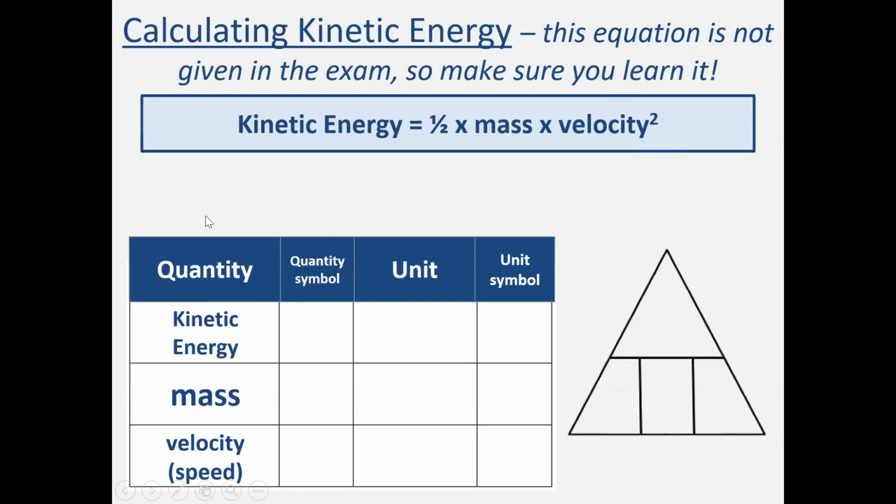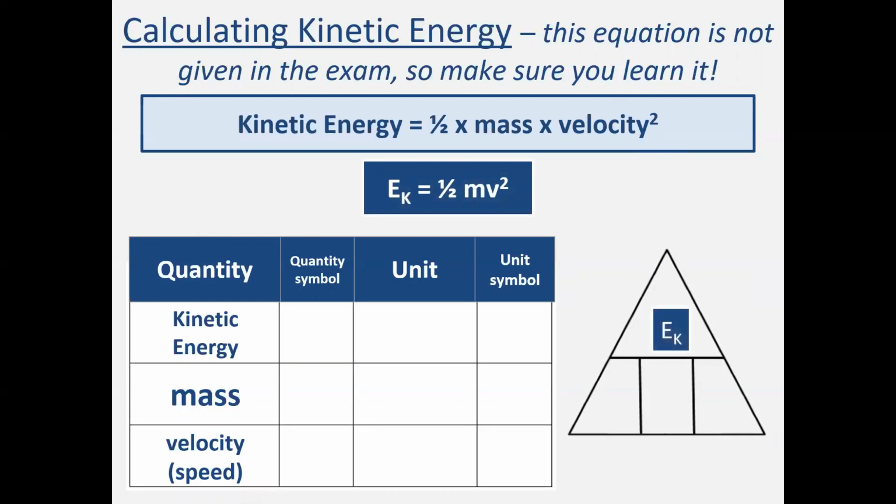Now, in physics, the different quantities that we measure have a symbol, and their unit also has a symbol. So kinetic energy is written as EK, because E is for energy and K is for kinetic.